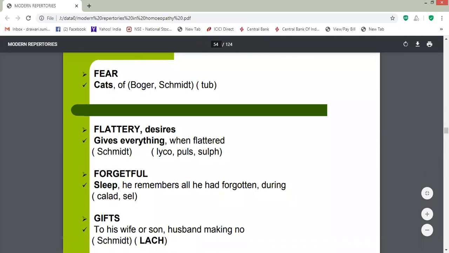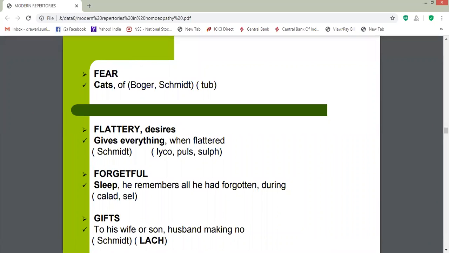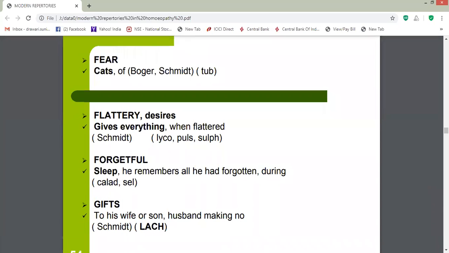Then fear of cats, which was taken from Boger and Smith's work, and tuberculinum was the medicine. Flattery, desires, gives everything when flattered, was taken from Smith's work, and lycopodium, pulsatilla, sulfur were the indicated medicines.